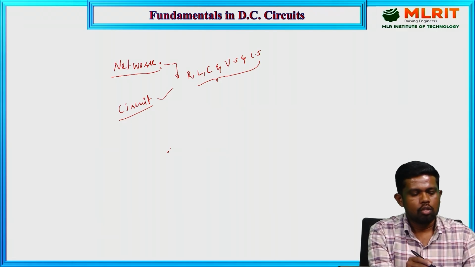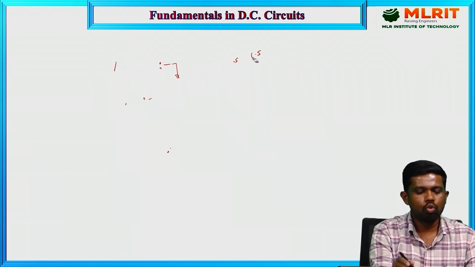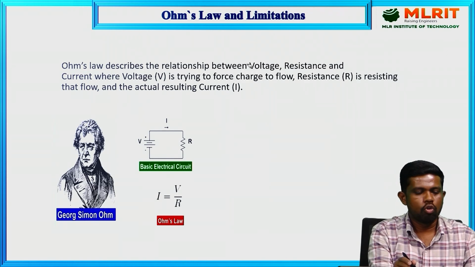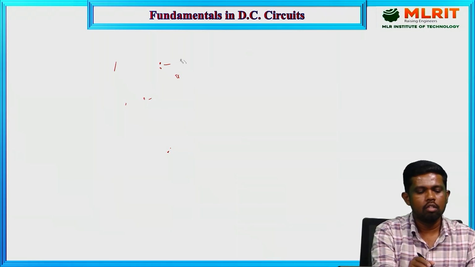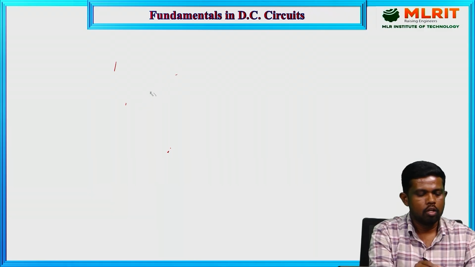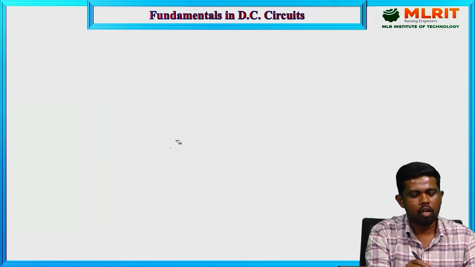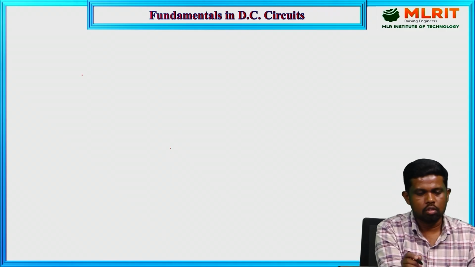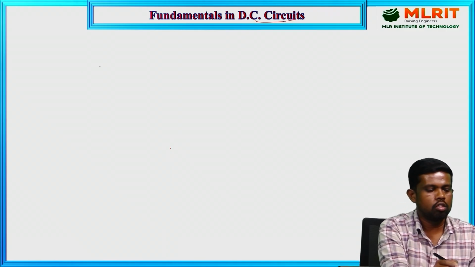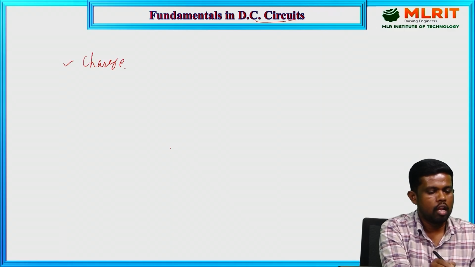So in these fundamentals, what does it mean by charge? Before going into the main topics in DC circuits, we need to discuss the fundamentals in DC circuits. Previously we discussed the electrical network and the electrical circuit. The foremost fundamentals in DC circuits are: the first one is charge, also called electric charge.